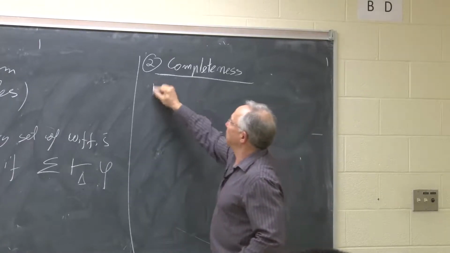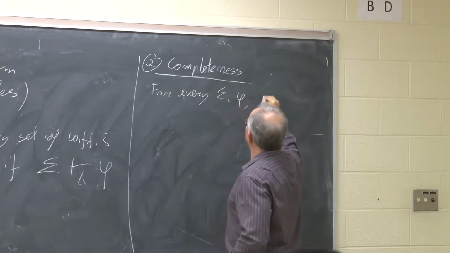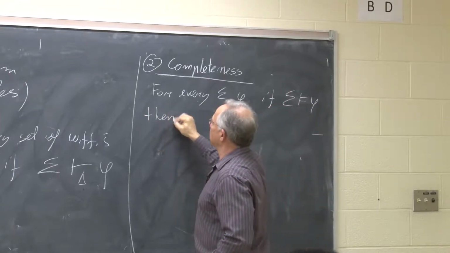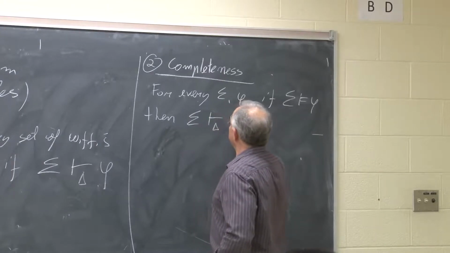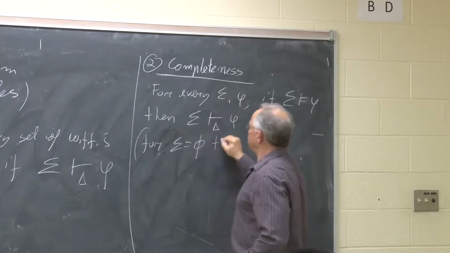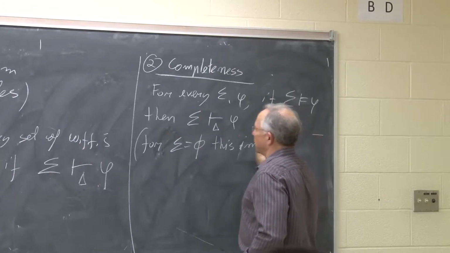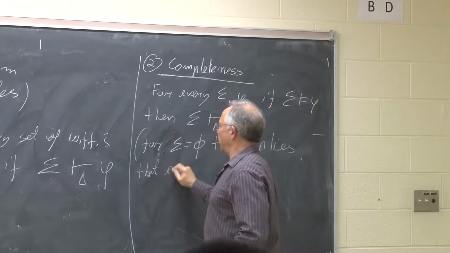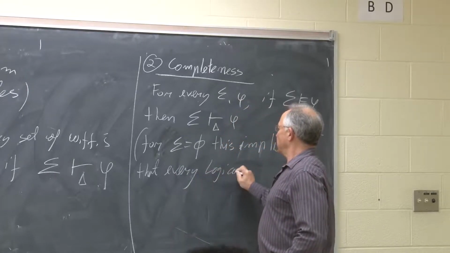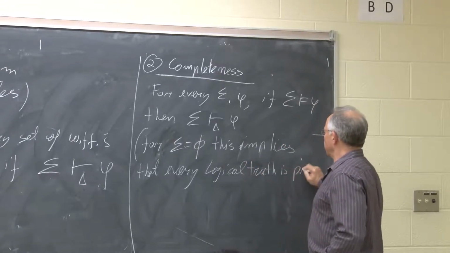So here it will just be the reverse of this. For every sigma and phi, if sigma logically implies phi, then sigma can prove phi. For sigma being empty, this implies that every logical truth is provable.